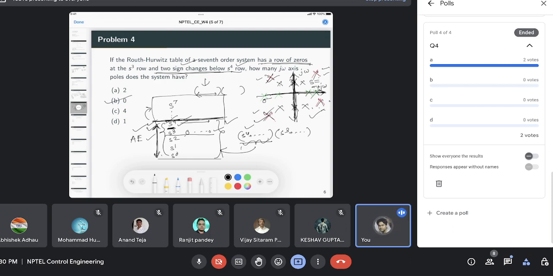There are two sign changes, so there are two right half poles, and because this only occurs with symmetry around the imaginary axis, there should be two symmetrically located poles in the left half plane also. So that means you have already accounted for four poles in total. For this fourth order auxiliary polynomial there are no other roots, so there cannot be any imaginary axis pole, right?